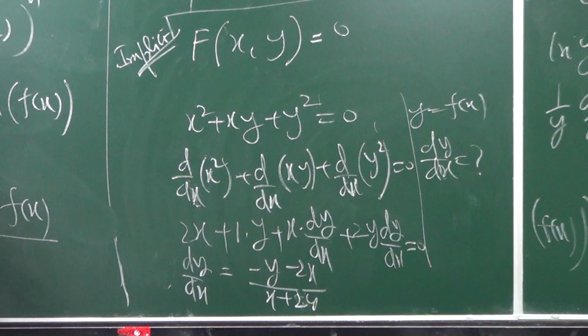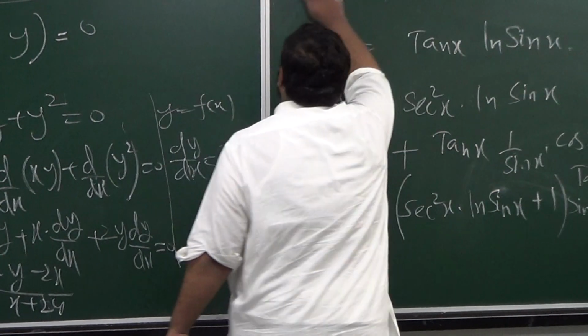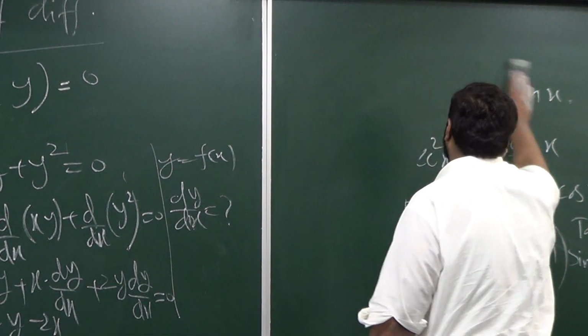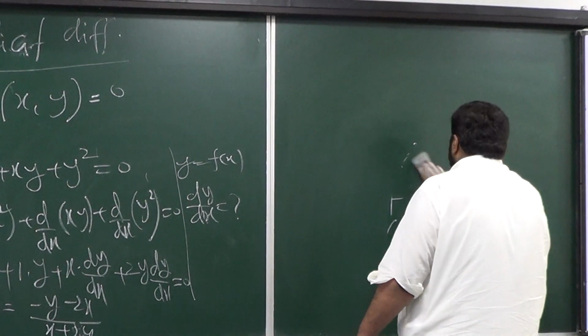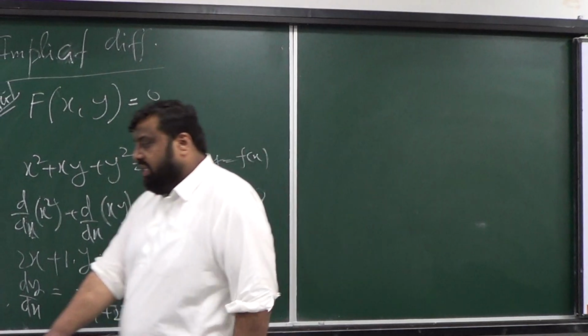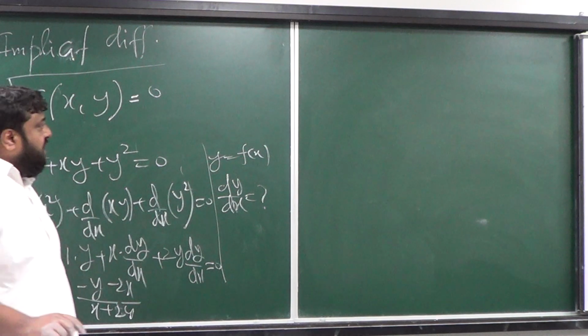So this was the recipe that we did for implicit differentiation. We did many problems, so I'm not going to get more into it. So this was the basic thing that we did.